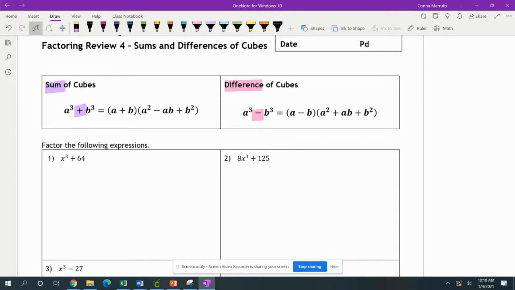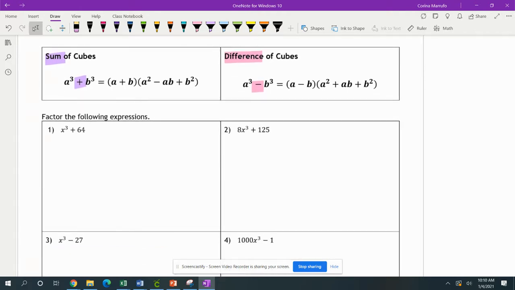So if I look at my assignment real quick, I have x to the third power plus 64. That means that we're going to use the first one, the sum of cubes. So what we need to do first is find the cube root of x to the third power. That's going to give us our a.